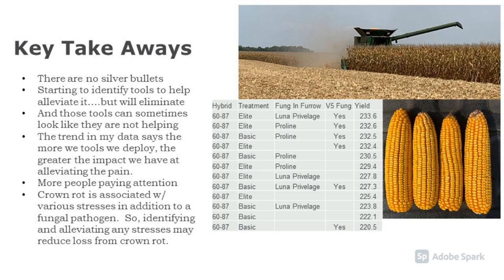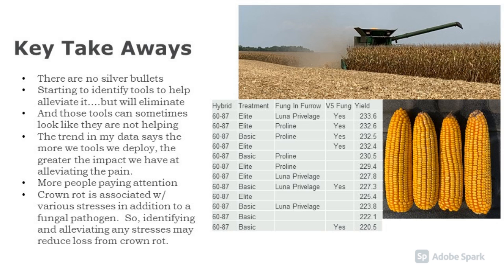I also believe that there are more people paying attention to crown rot, and so we will likely come up with other ideas and suggestions at ways to alleviate the pain in the near future. But we're also likely going to find more problems from it because we have more people paying attention to it as well. And at the end of the day, crown rot is associated with various stresses in addition to a fungal pathogen.